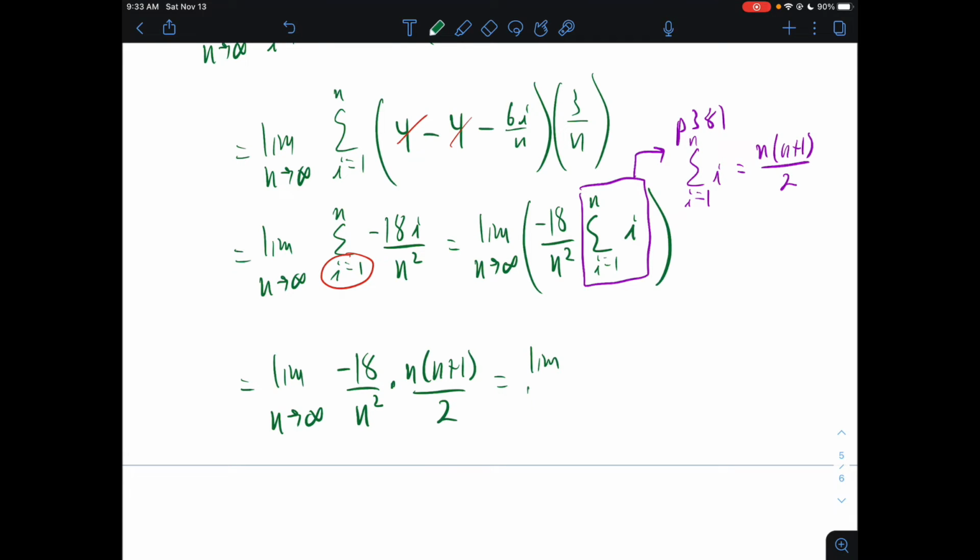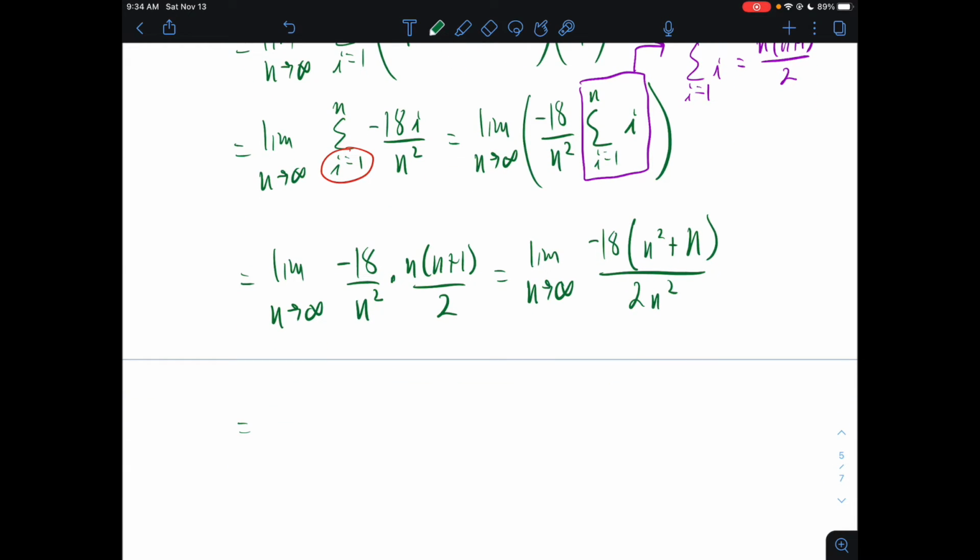And if we simplify this fraction a little bit, I would have negative 18 times n squared plus n divided by 2n squared. And notice what you have here. You've got the same degree in the numerator and the denominator. We've tackled this in this class. You saw this in pre-calculus as well. How do we evaluate this limit? Well, just divide the top and the bottom by the highest power that we see, n squared.